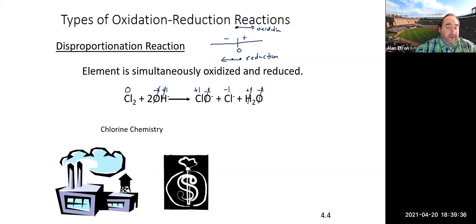Now you may ask yourself, what would my two half reactions look like? Well, both would start with chlorine. Your half reaction would look something like this. And again, in this situation, it is going from 0 to -1. It is gaining electrons, which means you would end up with electrons on this side. Then you would start with the chlorine, the Cl2, going to the Cl-.